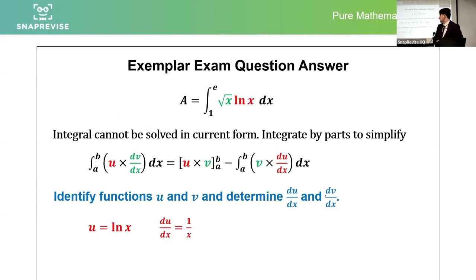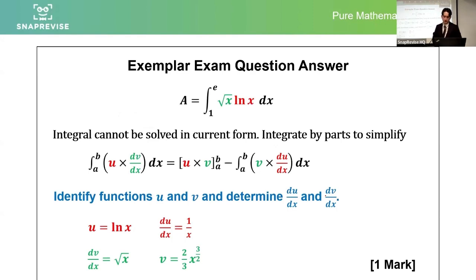So a suggestion here is u is ln x and du dx is 1 over x. That means that the v dash, the dv dx bit, is root x. So we actually then need to integrate that. That's the one tricky bit.